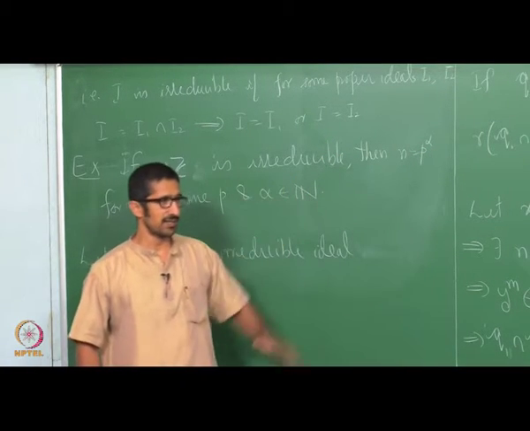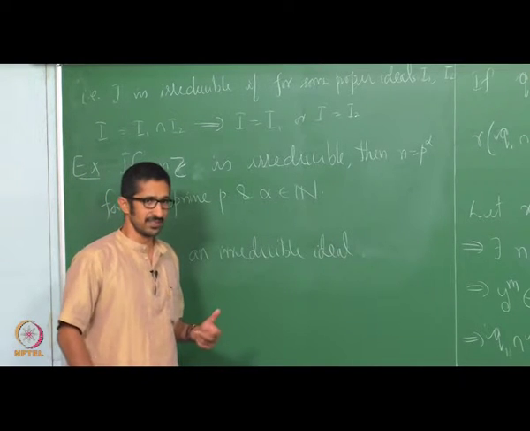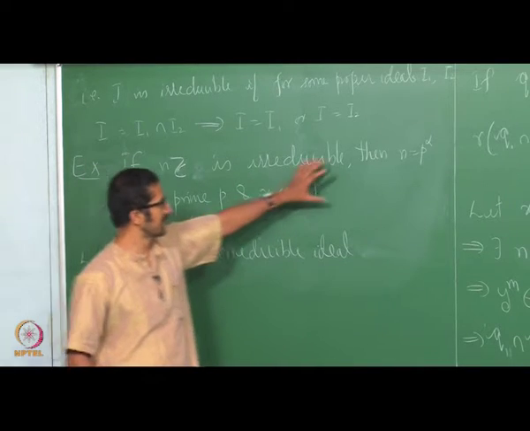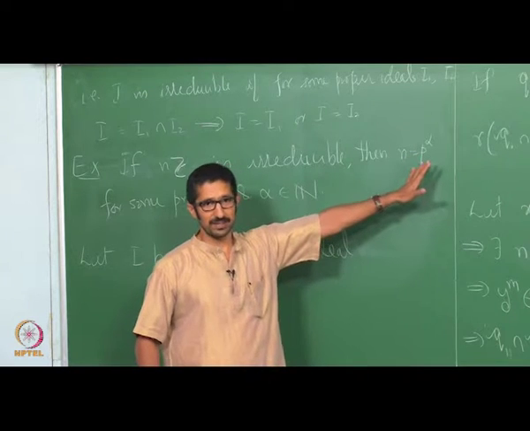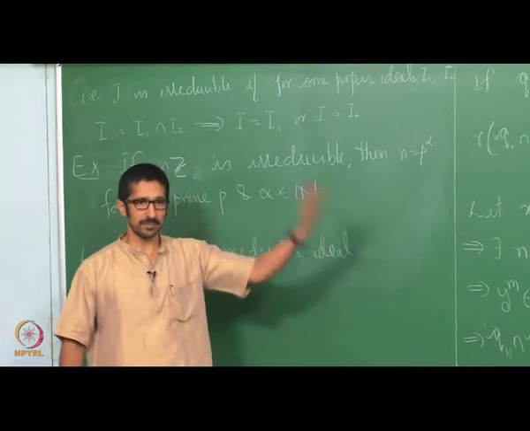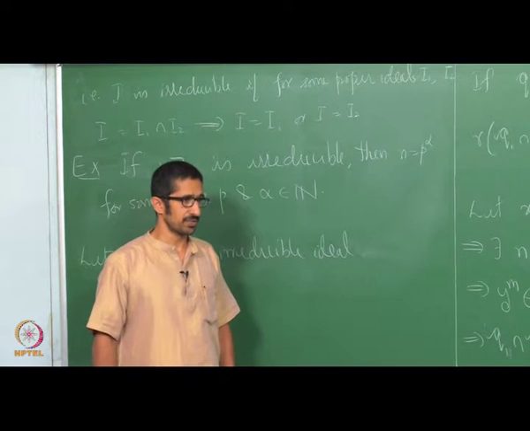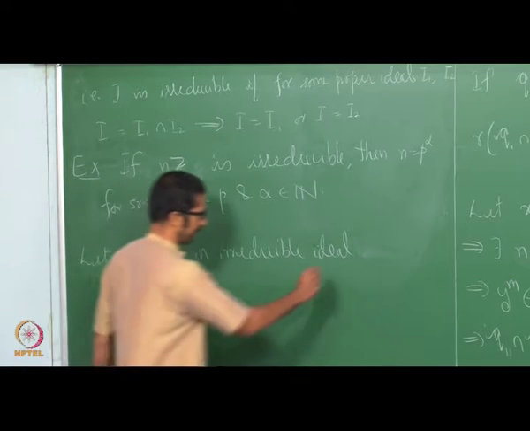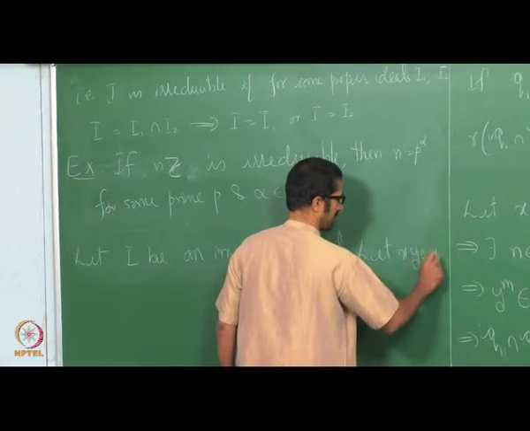It's much stronger than being a Noetherian ring. So a priori there is no reason to believe that in Noetherian rings irreducibility will imply the primary property or not. But still, let us see what happens. Okay, so let's start with xy in I.